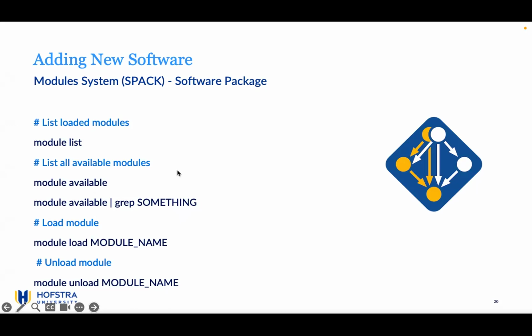And I recommend using pipe grep to filter just the software you need, because there are several thousands of packages, so it's difficult to find what you want. And when you find your necessary package, you can load it with the command module load. And when you finish working with it, you can just run module unload. Pretty simple and logical.